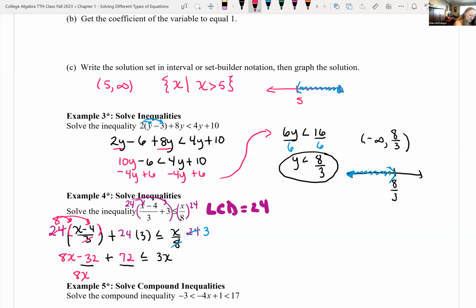There's no other term with an x on the left-hand side, so let's bring down that 8x. But we have a negative 32 plus 72. So this is plus 40 is less than or equal to 3x.